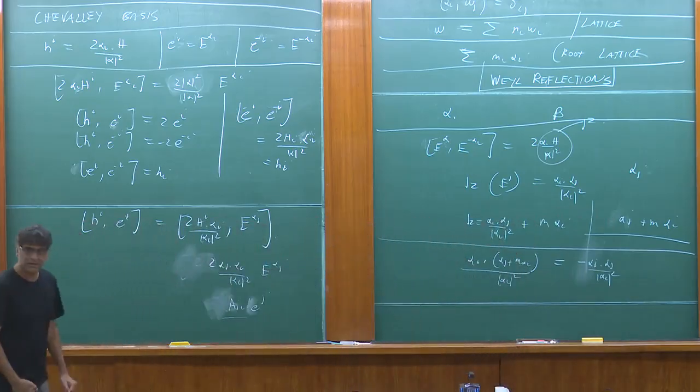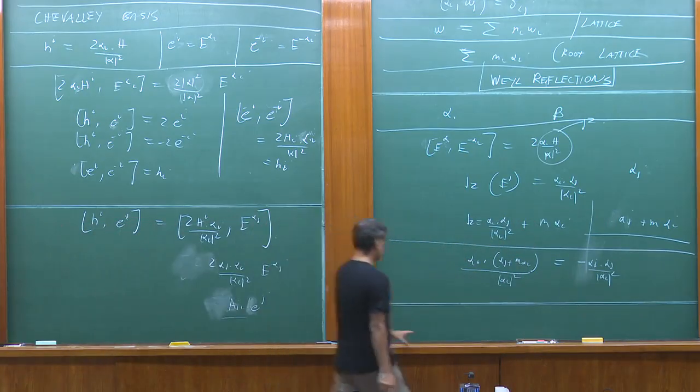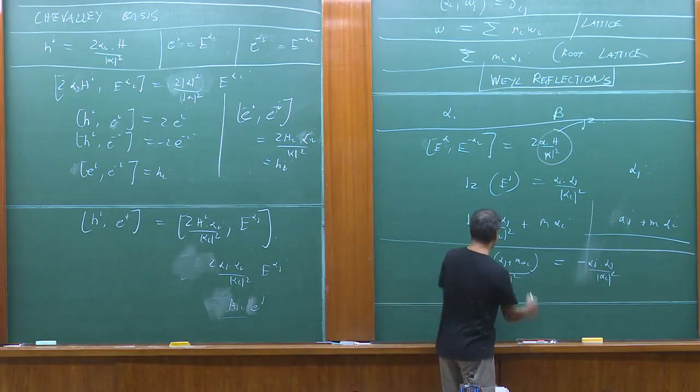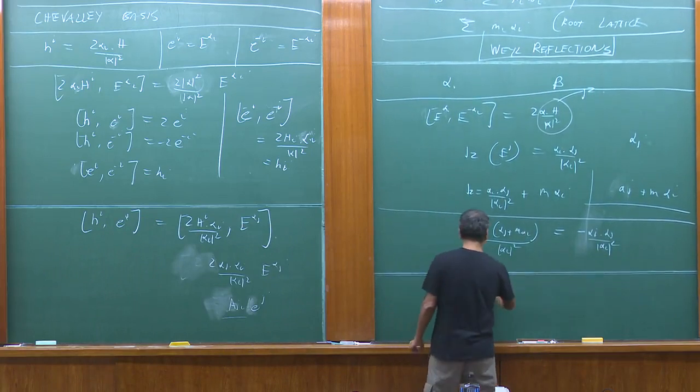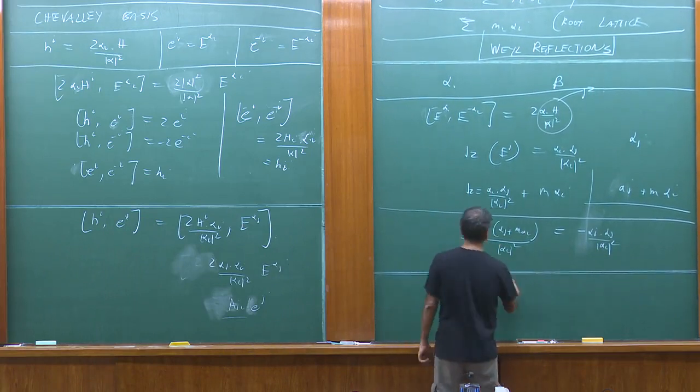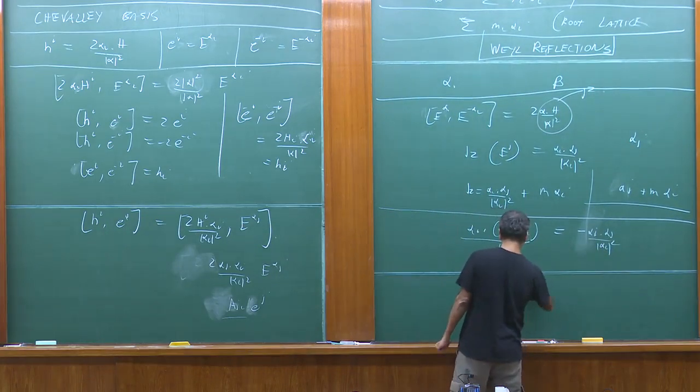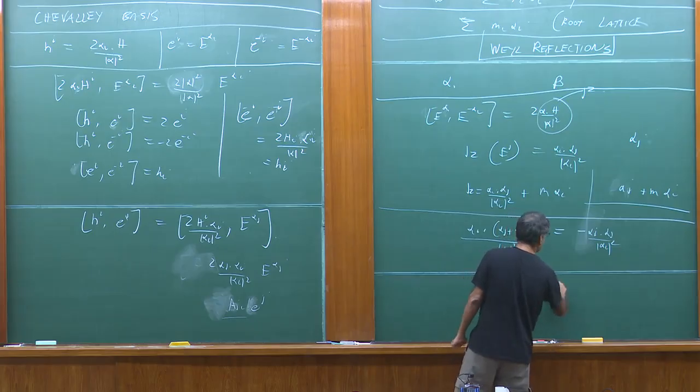Right, that's what I want to do. Now alpha_i dot alpha_i is mod alpha_i squared. So we choose m equal to minus 2 alpha_i dot alpha_j divided by mod alpha_i squared.